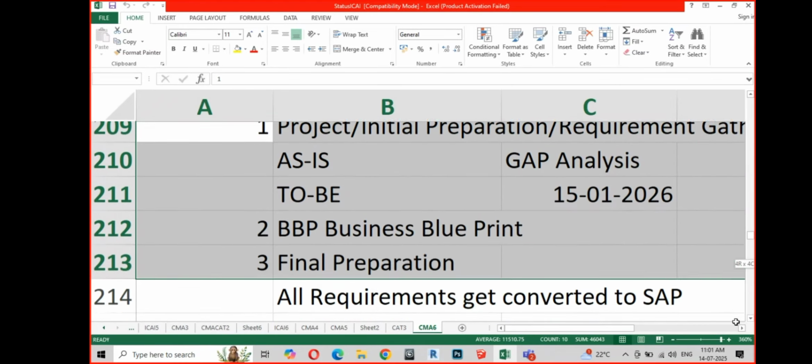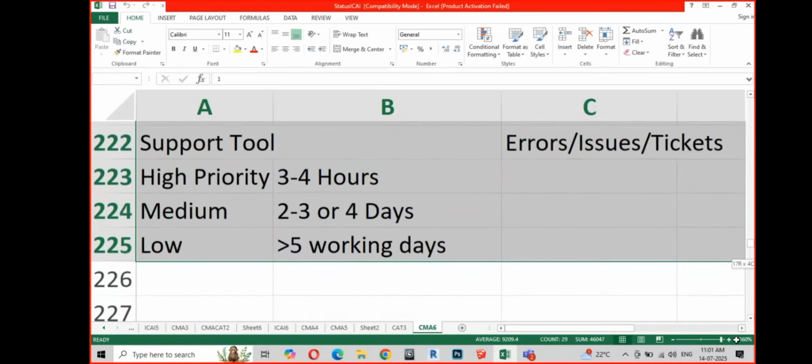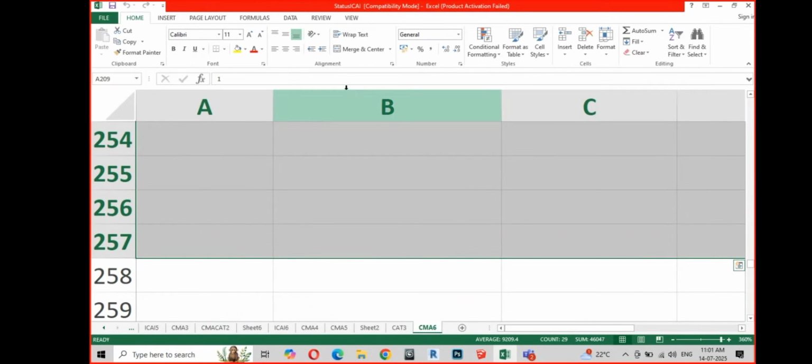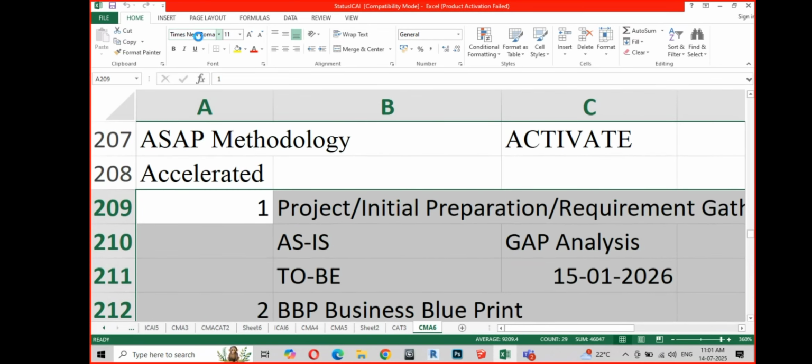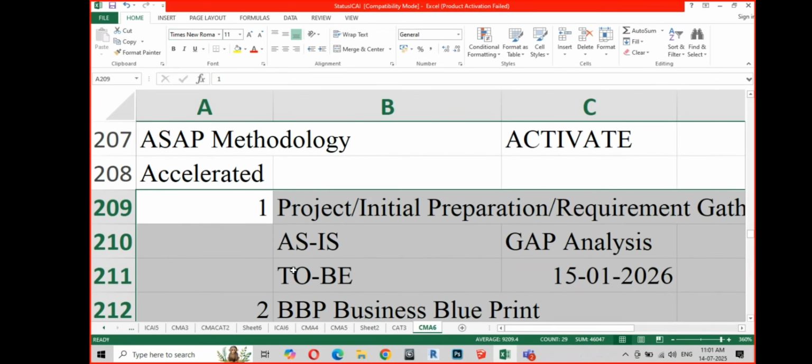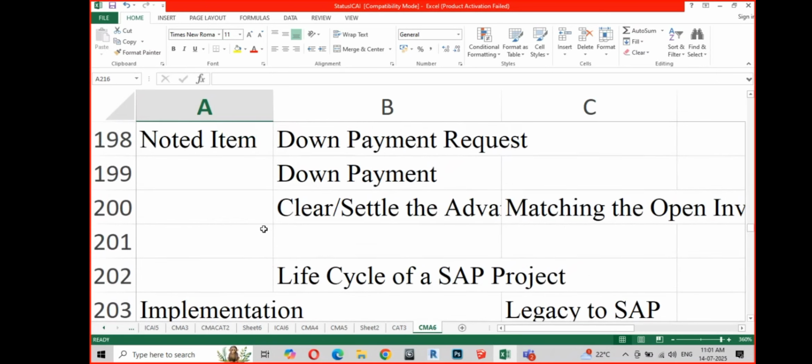Now, we were discussing something very interesting: what are the different kinds of projects you will come across in SAP, and how. If somebody is exposed to a programming language, they would be aware of something called SDLC, the software development life cycle.